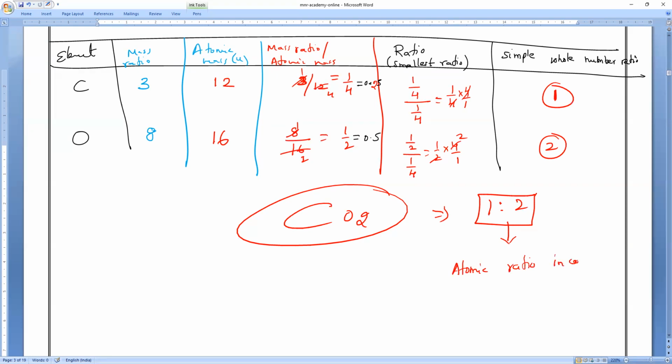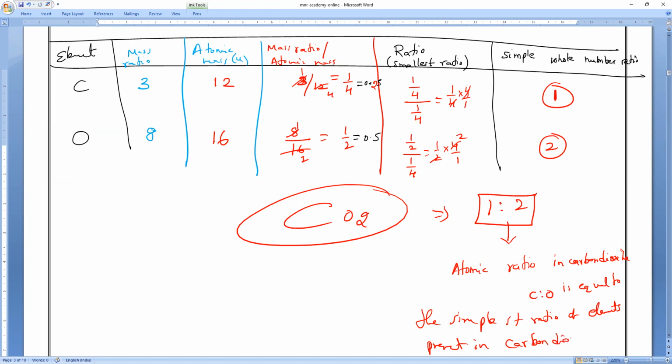Atomic ratio in carbon dioxide, C is to O, that is carbon is to oxygen, is equal to the simplest whole number ratio. Simplest ratio of elements present in carbon dioxide, what are the elements, everybody?